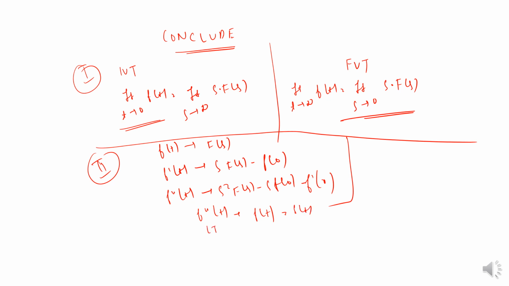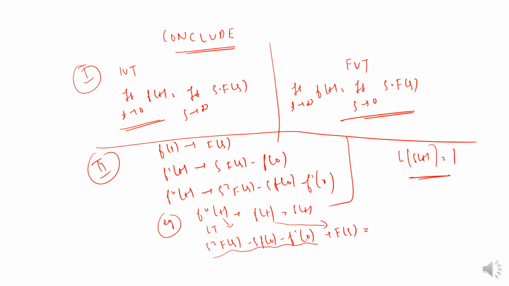When we apply the Laplace transform, this is just an example, we can write s square into F of s minus s into f of 0 minus f dash of 0 plus F of s. f of t gets transformed to F of s and f double dash of t gets transformed to this, and then the Laplace transform of delta t is 1. Like this we can write. This kind of representation we have done many times in these 10 problems.